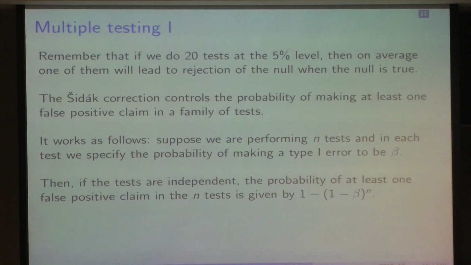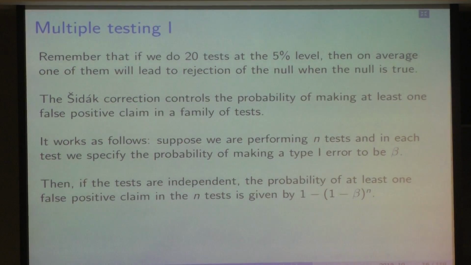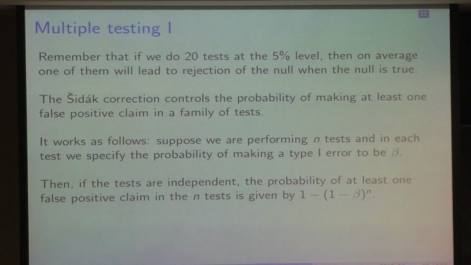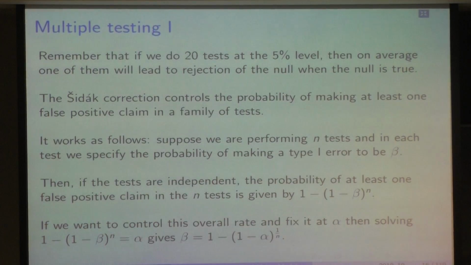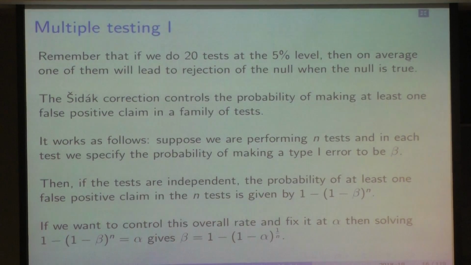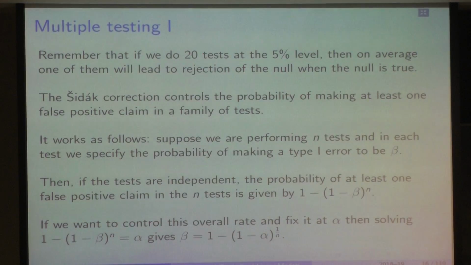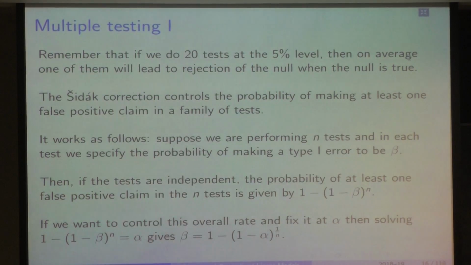So obviously we've assumed here that the null hypothesis is true, because we're looking at false positive probabilities, and we've assumed that the tests are independent. Okay, so if we want this to be equal to a fixed value alpha, say 0.05 for the conventional 5% significance level, then you can solve this equation.